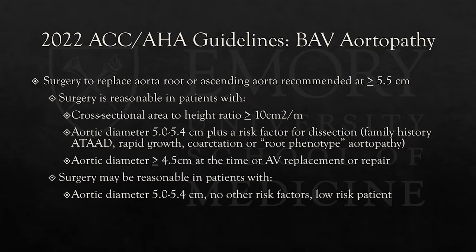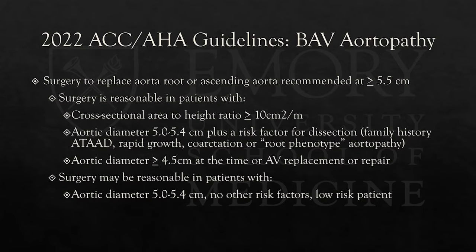Now, class 2A indications are reasonable. We think it's reasonable to operate in patients with a cross-sectional area to height ratio that's larger than normal, or an aortic diameter of greater than 5 centimeters in a patient with a risk factor. And those risk factors are clearly defined in the updated guidelines.